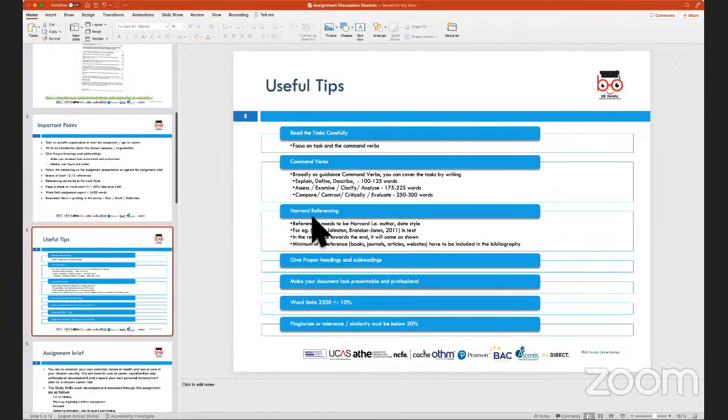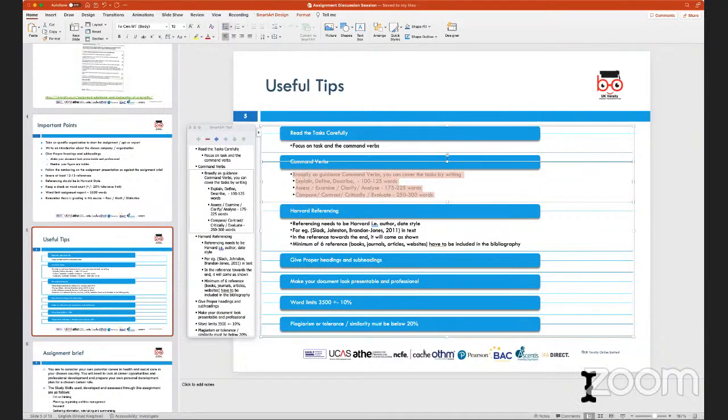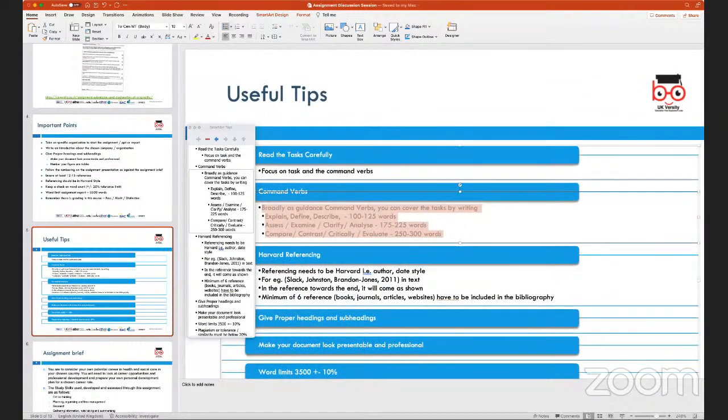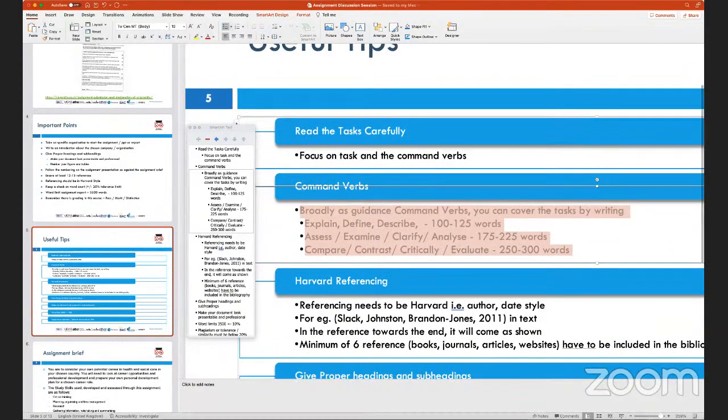Now, the useful tips recommend you to focus on what are called command verbs. These are important because when you look at defining or doing the tasks, there is a word which will start the task and it'll ask you to do something.